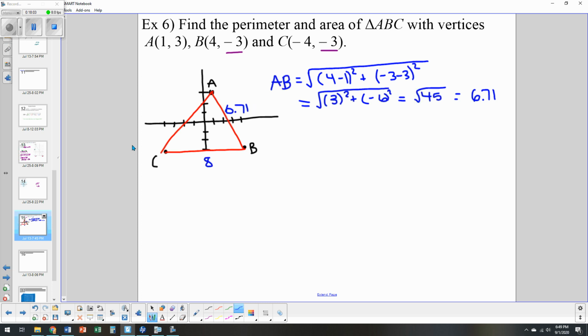And now we have to find AC, right? If I'm looking for the perimeter, I need every side. So for AC, we're using A and C, so -4 minus 1 squared plus -3 minus 3 squared. So that's going to be -5 squared and -6 squared.